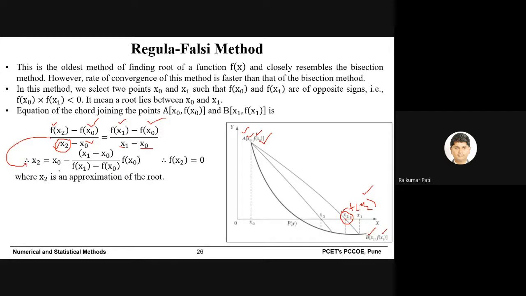So x2 is equal to x naught minus (x1 minus x naught) divided by (f of x1 minus f of x naught) into f of x naught. And here, as I mentioned previously, f of x2 is 0. Why? Because whatever point we have taken on the straight line AB, at the intersecting point with the x-axis, f of x2 is 0, as I already mentioned.